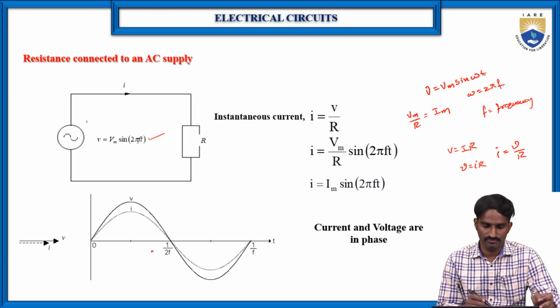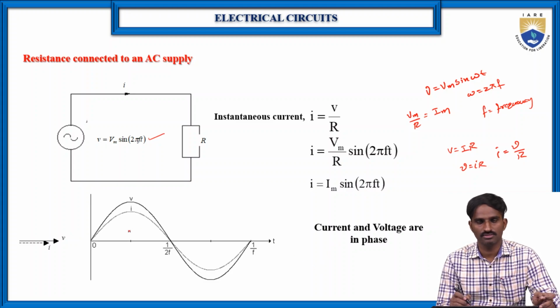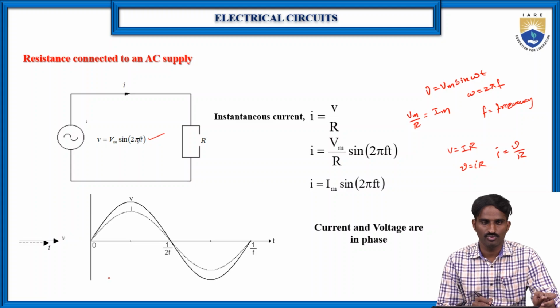In the case of pure resistance, the behavior of the voltage and current is very important, because there is a concept of phase. When the circuit has pure resistance, the voltage and current are in phase. As you can see, the magnitudes may be different, but the phase difference between the voltage and current is 0.